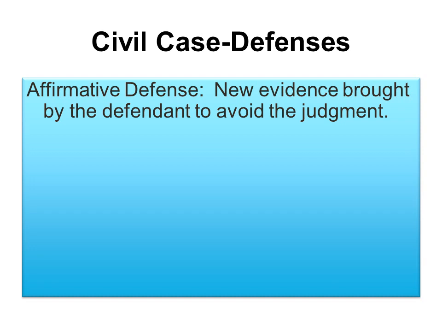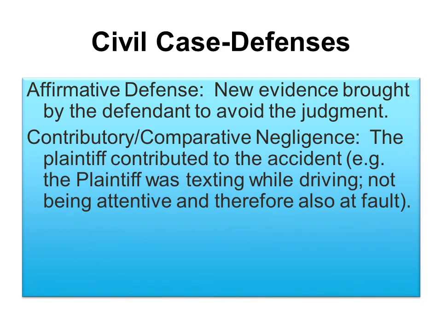That's where the defendant, basically, affirmative defense is when new evidence is brought by the defendant that helps to avoid the judgment for the plaintiff. So a prima facie case has been met, but like in a criminal claim, there is a defense to it, a legal defense to the claim. Two of these are the negligence.